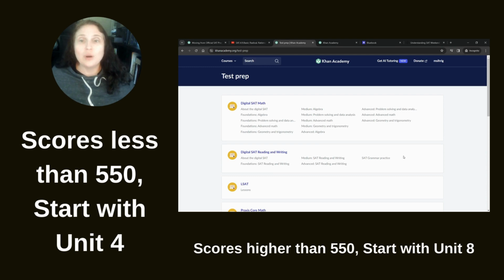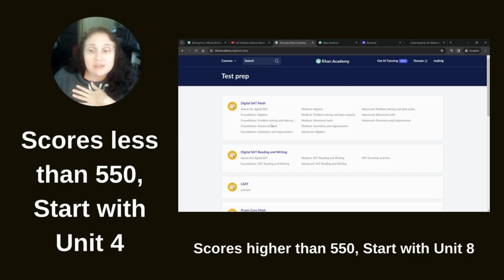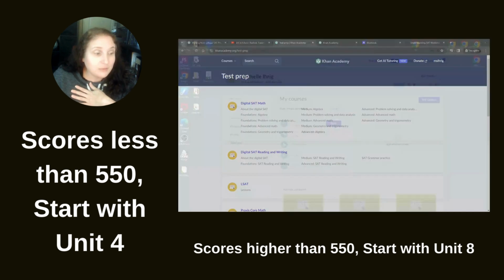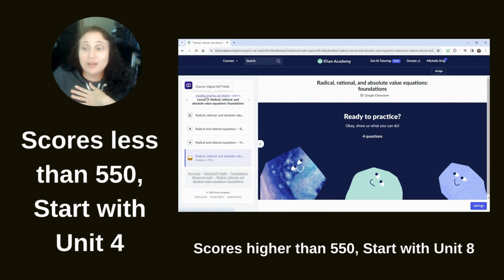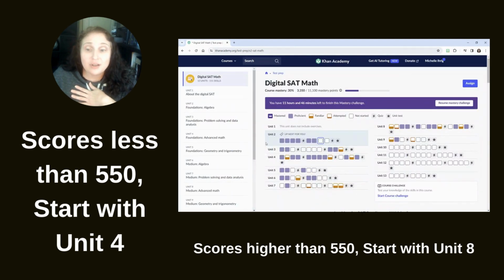Now, what plan should you put together? If your current score is less than 550 for the math, my recommendation is the first thing you do is take the practice. If you get a lot of options, like look at all these oranges, I would not go in order.